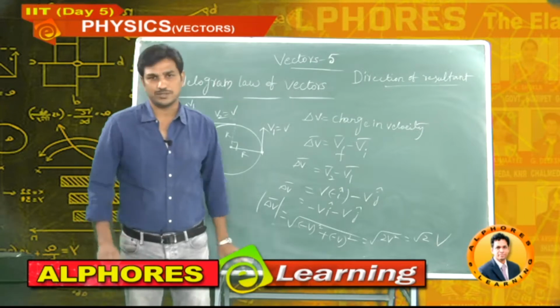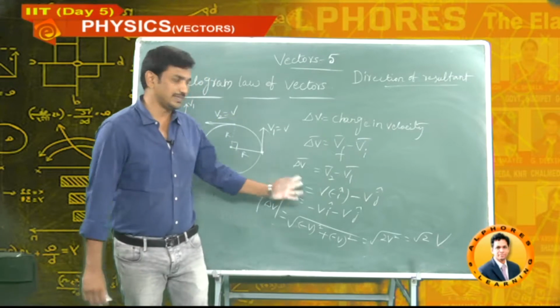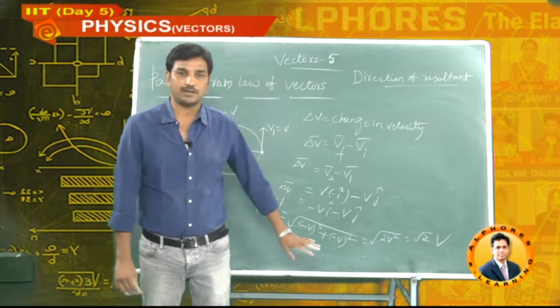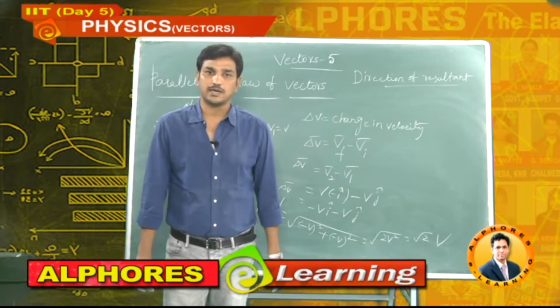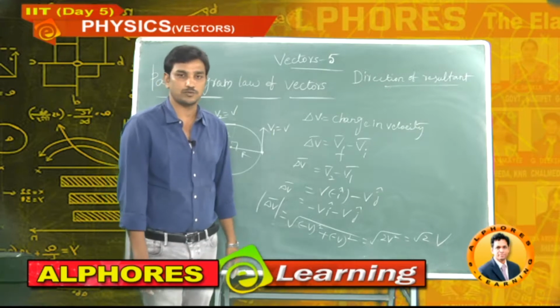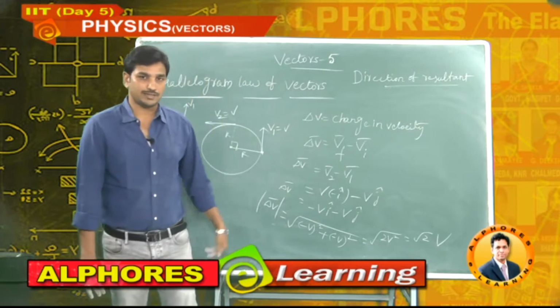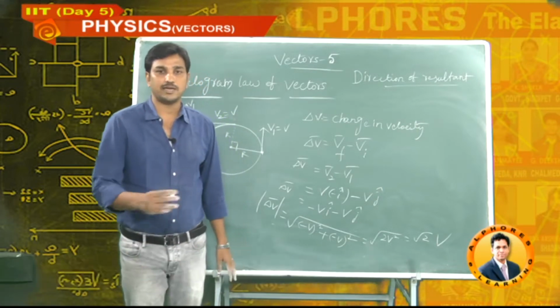Today what we discussed is a continuation of yesterday's topic, which we extended. Parallelogram law of vectors, which yesterday we derived: r bar is the resultant, that is a bar plus b bar. The resultant magnitude is root of a square plus b square plus 2ab cos theta. Further extension, today we solved for the angle made by the resultant with a bar. How much?